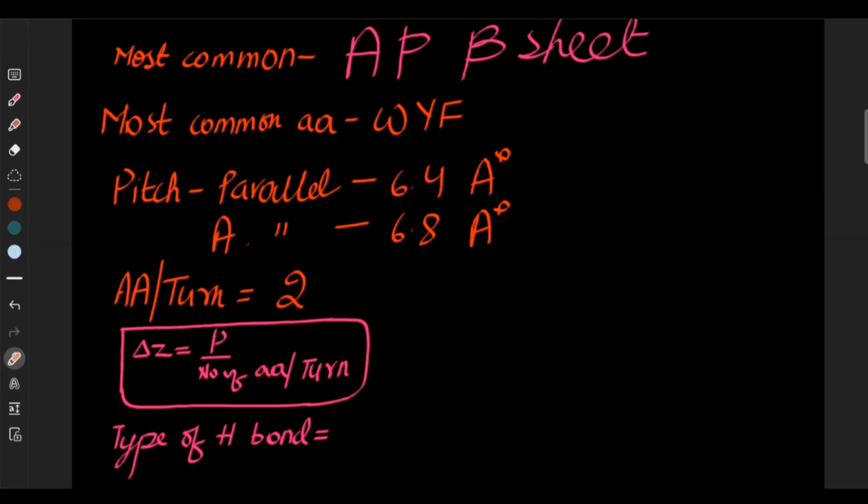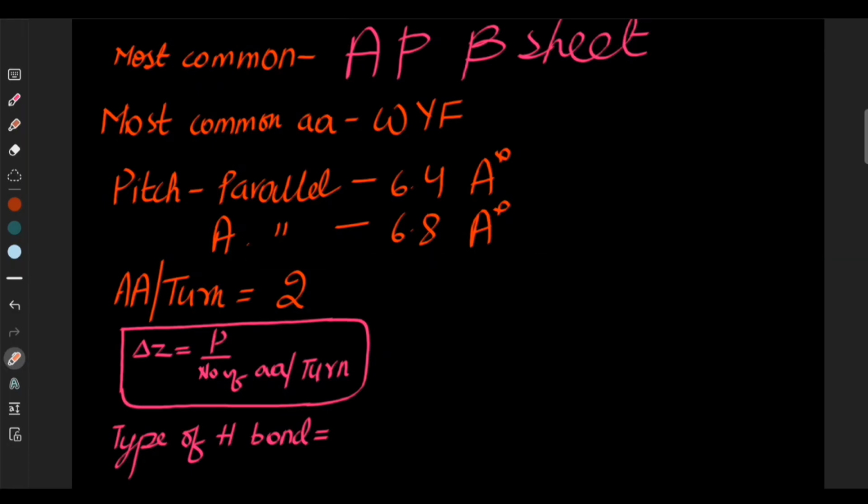When we talk about the pitch, we all know what exactly pitch is, right? Pitch is actually one turn. So when we talk about the measurement of the turn, it is 6.4 angstrom. And in antiparallel, it is 6.8 angstrom.